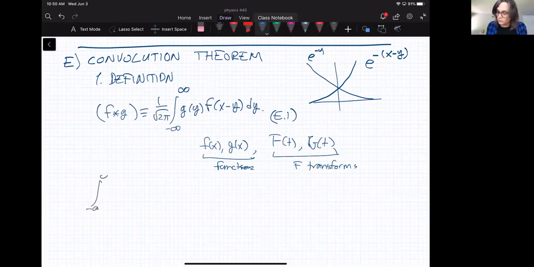The integral from minus infinity to infinity of, say, g of y, f of x minus y, dy. And what we can do is relate it to Fourier transforms.